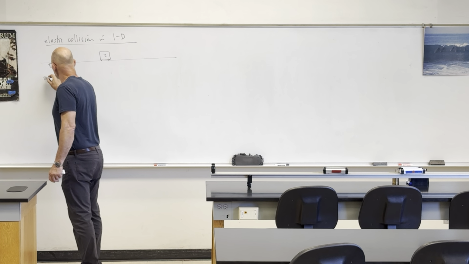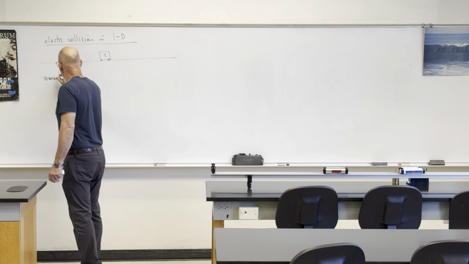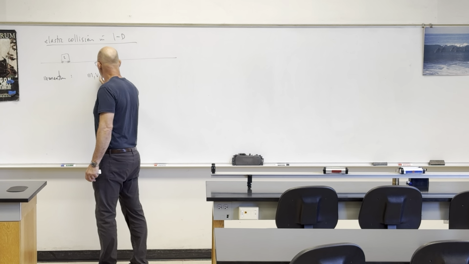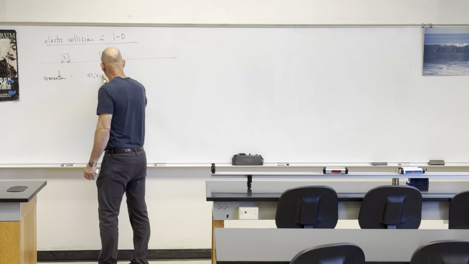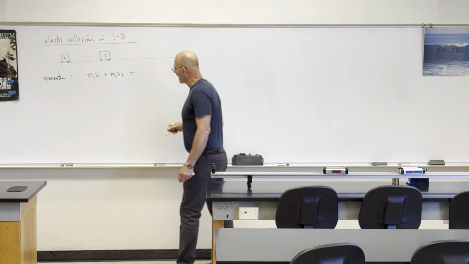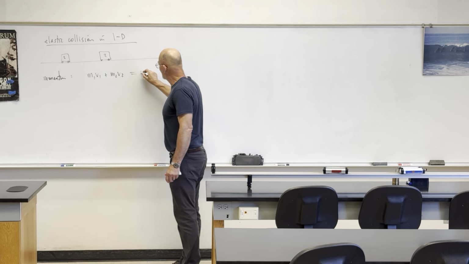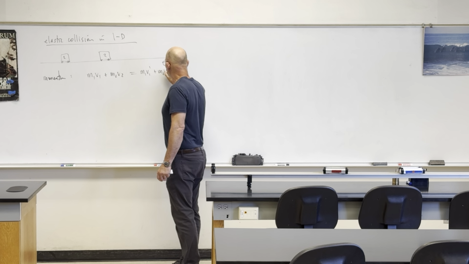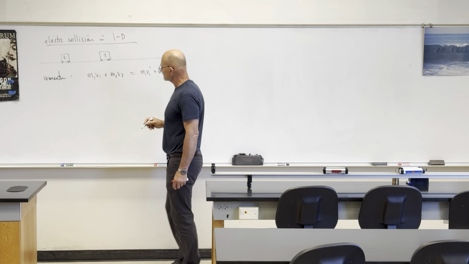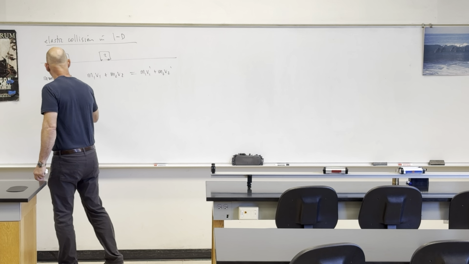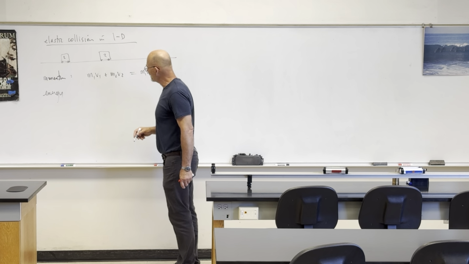So the linear momentum conservation would tell us that M1 V1 plus M2 V2, so that sum, is equal to the same sum after the collision, M1 V1 prime plus M2 V2 prime. And for energy, we would have the kinetic energies before and after.